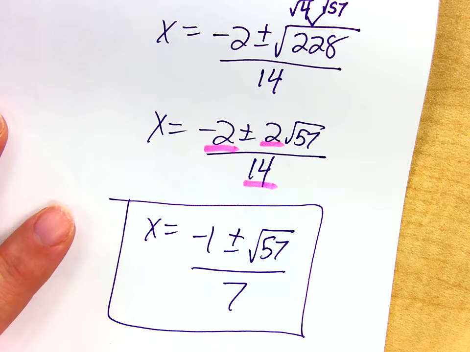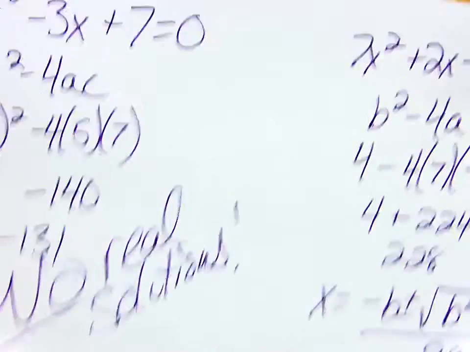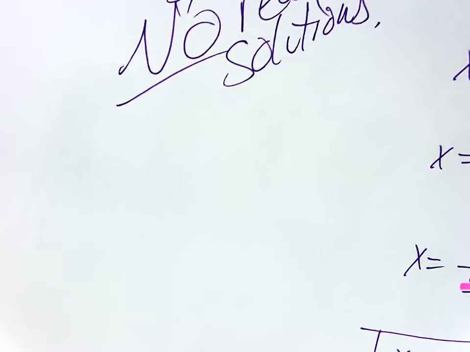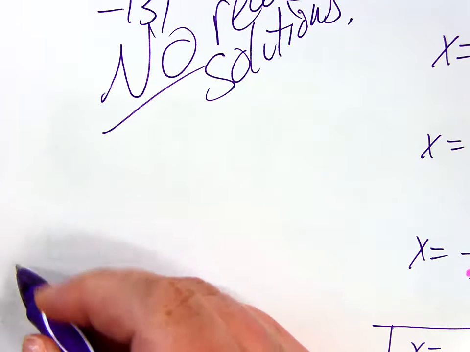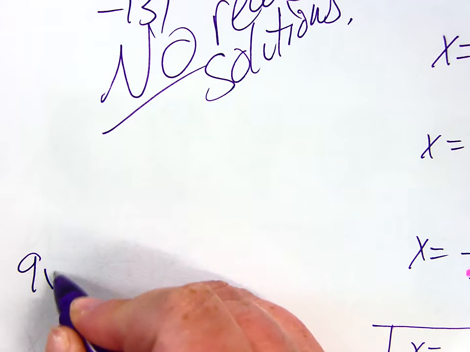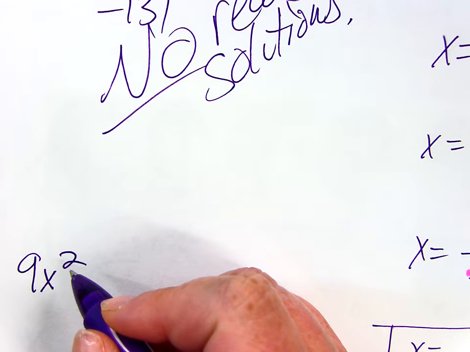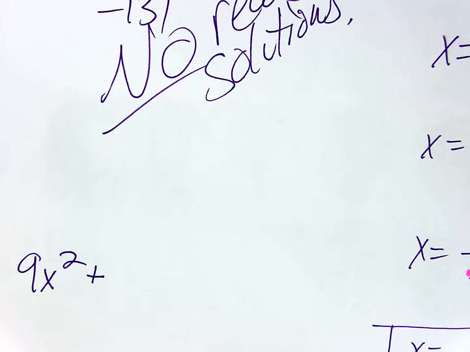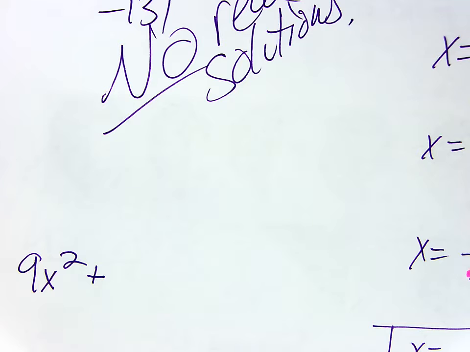We'll try one more and then I'll have you do them on the board. All right, let's do one. 9x squared plus 30x plus 25. I gotta get this right because I want it to come out a certain way.